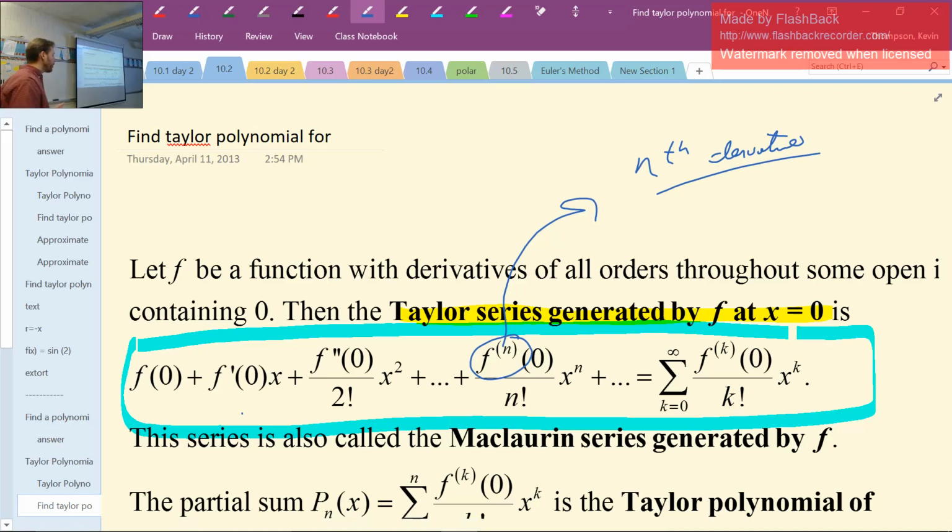So what we're going to do is find a polynomial that corresponds to certain functions here using this. I'll show you what I mean by that here in a minute.